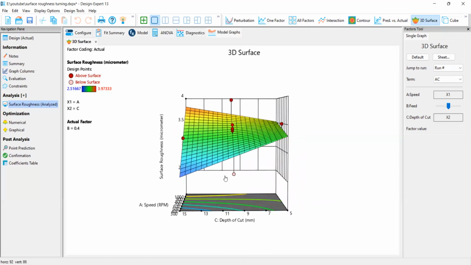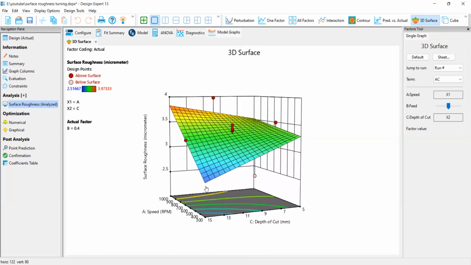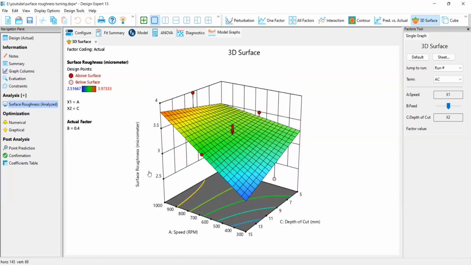Similar is the case with the depth of cut. When we are increasing the depth of cut, the surface roughness is decreasing. So this is how you can interpret the graphs as per your data.